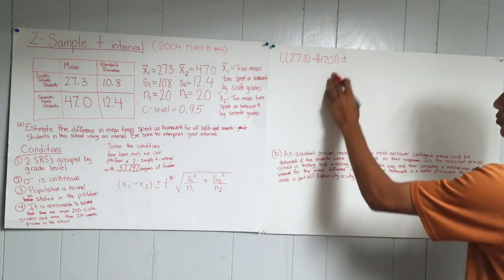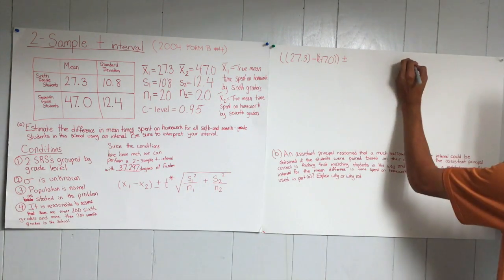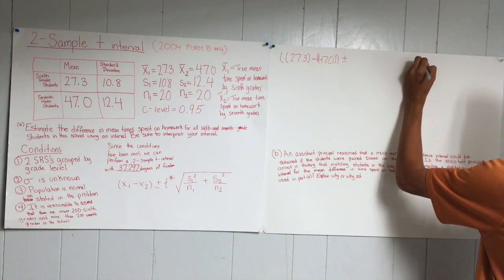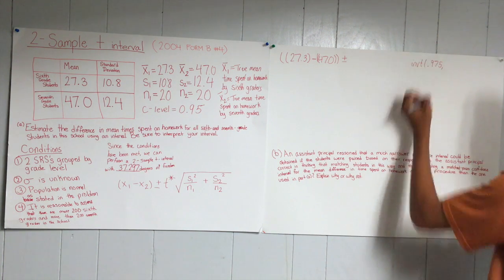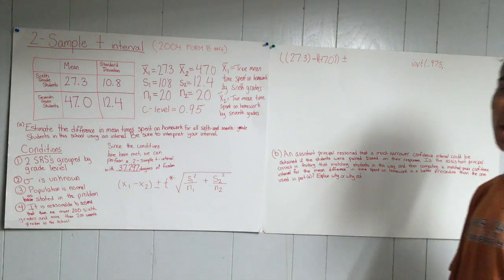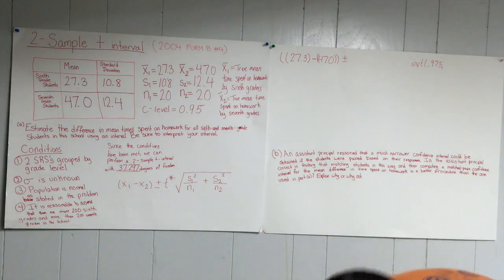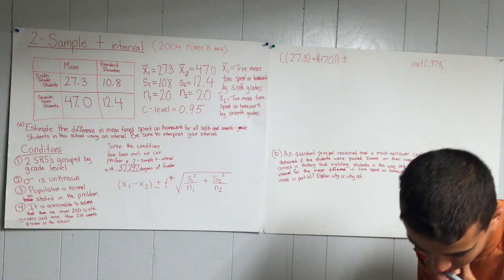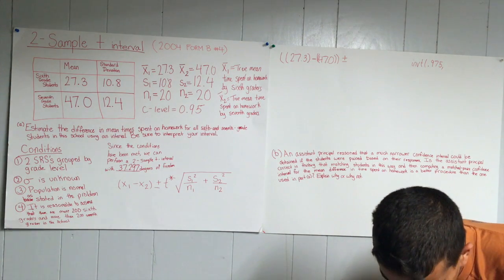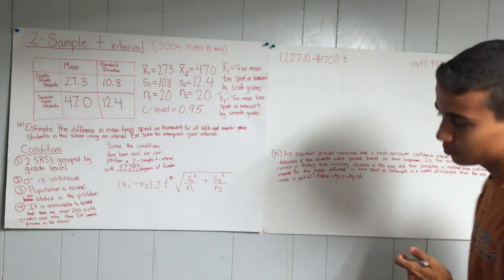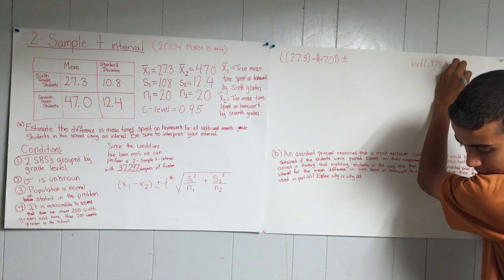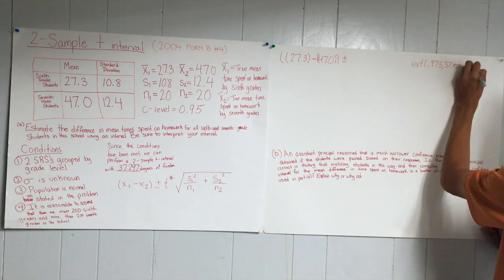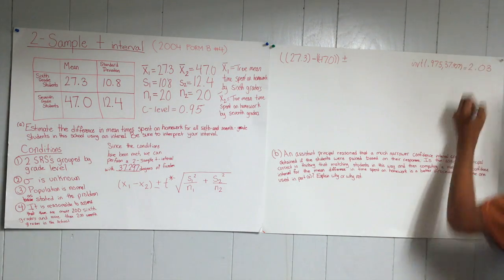So to get the critical t value, you're going to do inverse t of 0.975 because of the 95% confidence interval, and you're going to plug in the degrees of freedom, which is 37.297, and the critical t value you should get is 2.03.